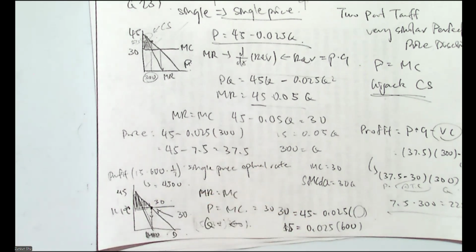You're going to keep it at 30. But you're also going to charge a tariff, or what is called an optimal access charge. And that is going to be this thing that you need to calculate.